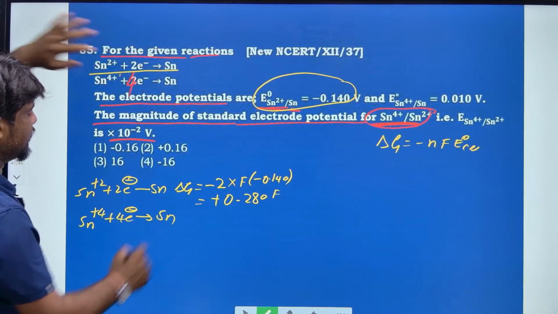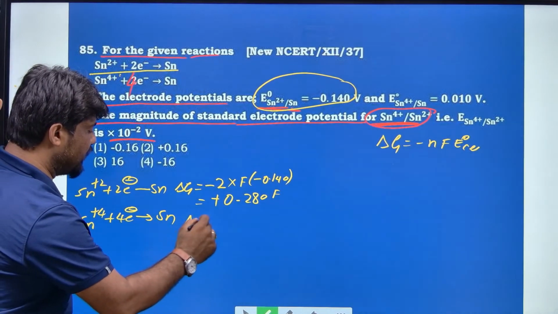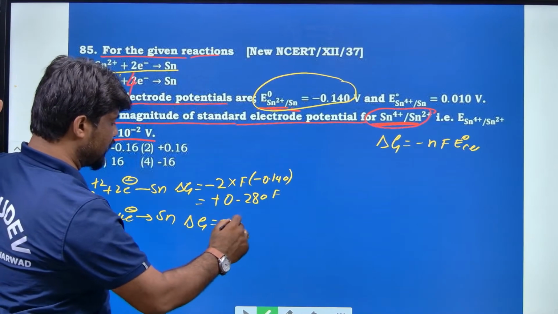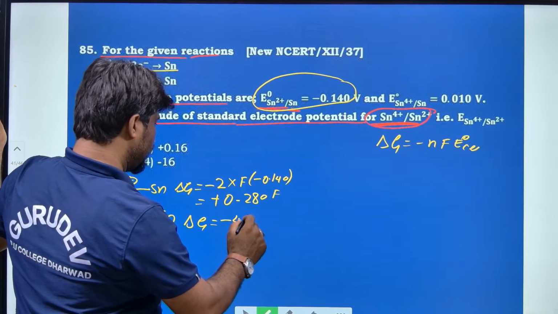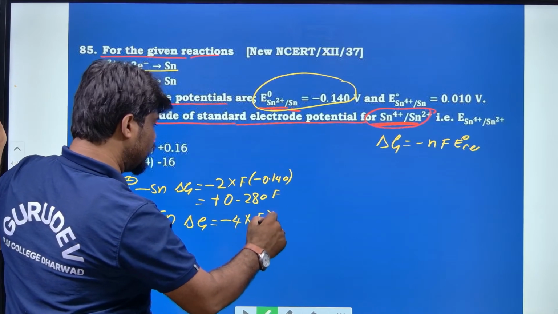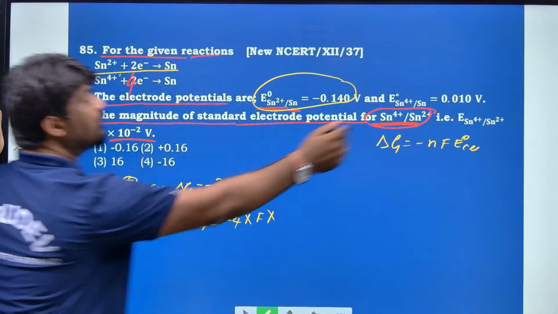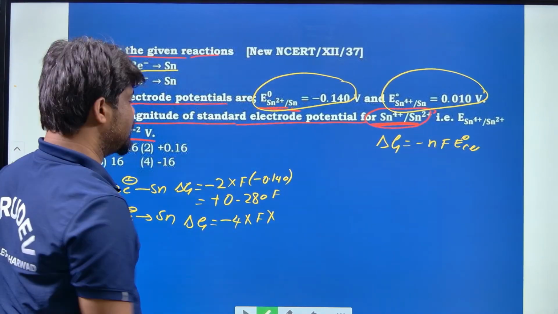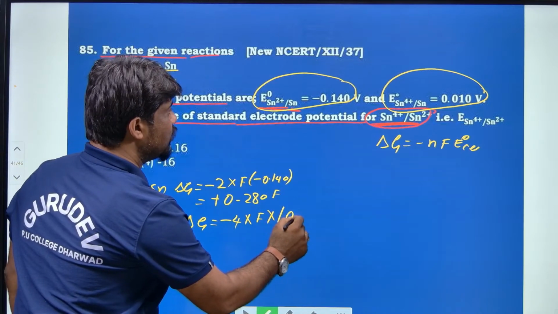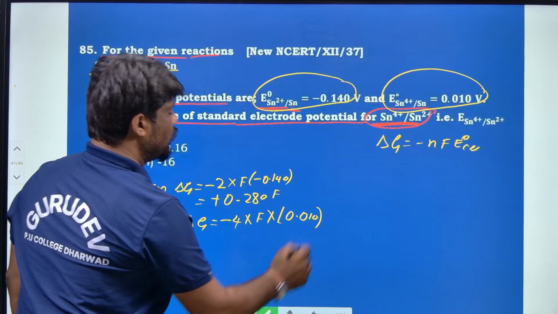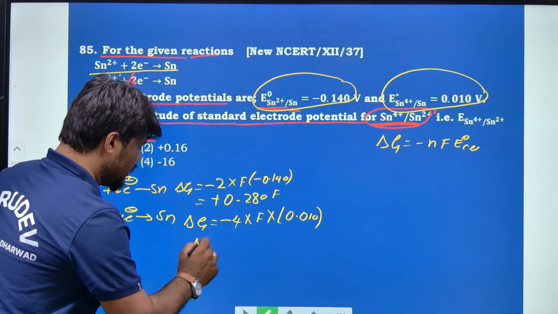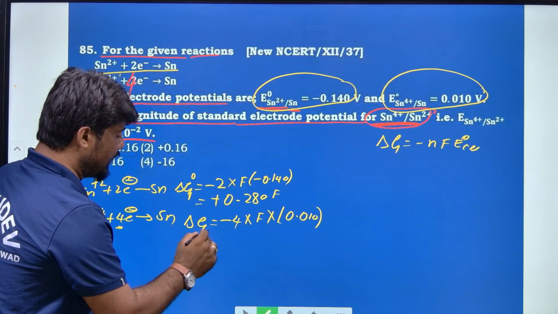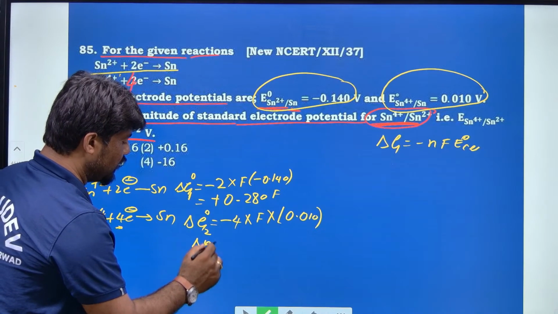Now write the delta G value for this one. Delta G is equal to minus, 4 electrons are there, minus 4 into F into the E naught value, which they have given, E naught for Sn4+ to Sn, that is 0.010 volts. Just do the simplification. I can write this as G1 and this as G2.